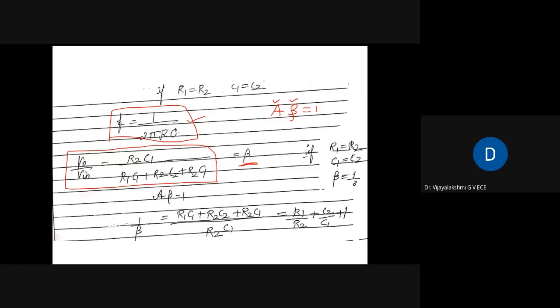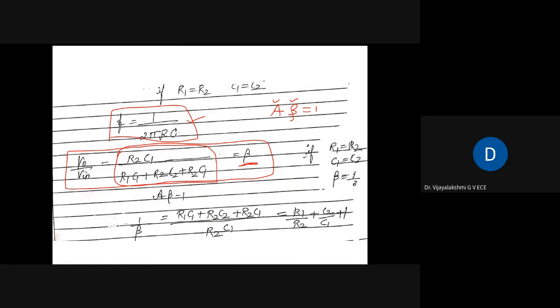So this is actually our beta. Now once again I am repeating, please don't consider this V naught and V in as the output of the amplifier or input of the amplifier. This is the output and input of the feedback circuit. Okay, so I am equating it to beta because this equation we have got for the feedback network. So this is our beta.